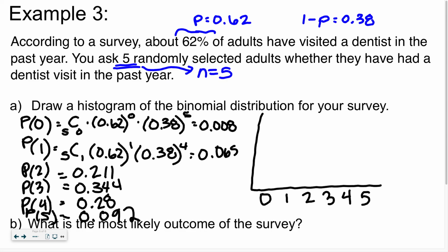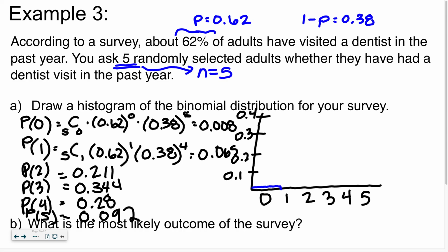Okay, what's my highest probability? 0.34, so I'm probably going to go by 0.1s. 0.1, 0.2, 0.3, 0.4, and I can draw it in. Now note that this one is very, very small, 0.008 or 0.01, so I'm just going to draw something really low.